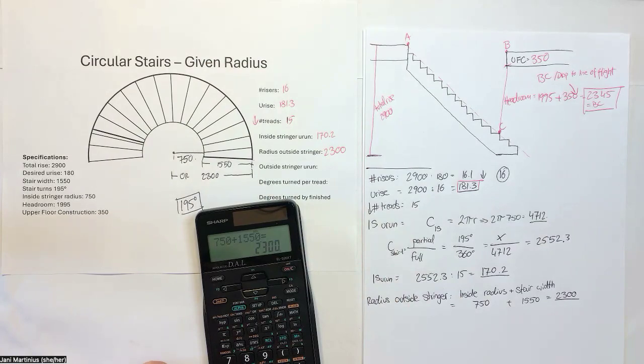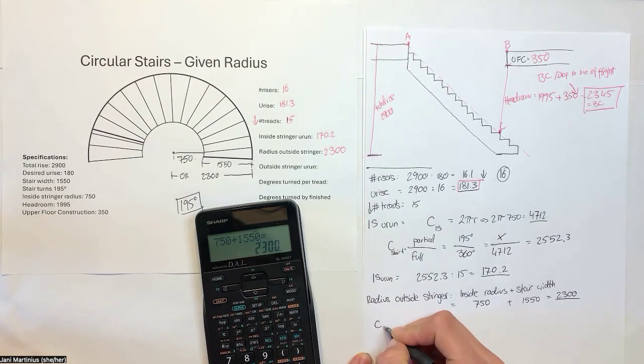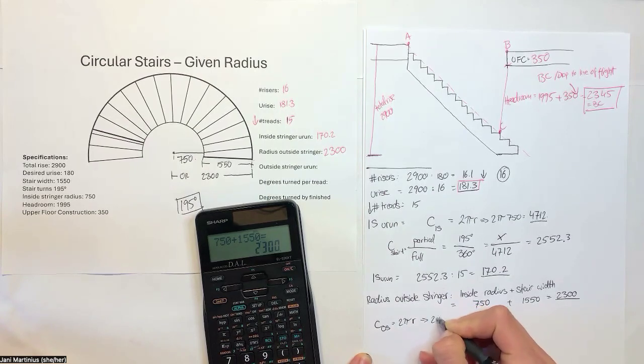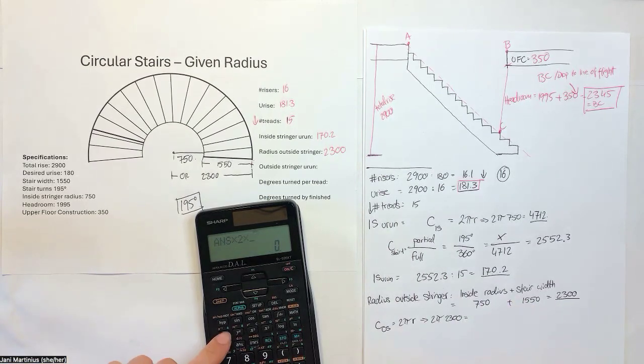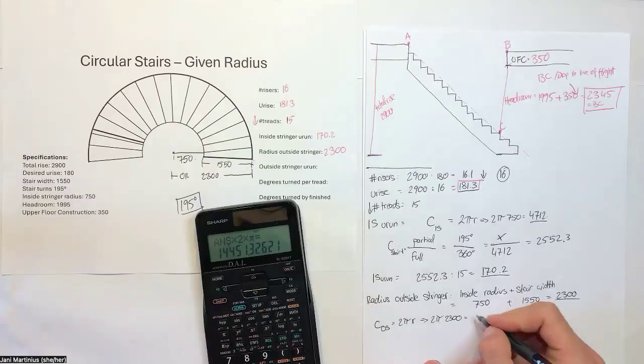From there, we can figure out the unit run by dividing it by the number of treads that we have. So we have the circumference of our outside stringer, again 2 pi r: 2300 times 2 times pi is 14,451.